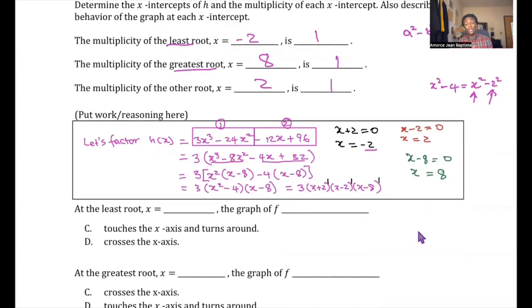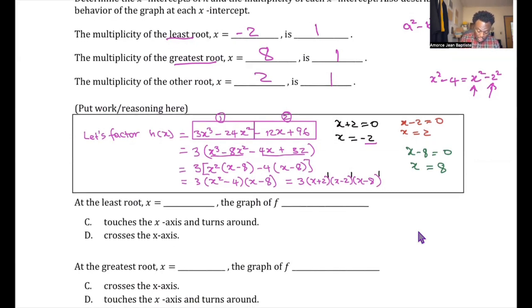Now, since all the multiplicities are the same, we expect the same impact on the graph based on whether we have an even or odd multiplicity. So we have an odd multiplicity of 1. So at all of these locations, -2, 8, and 2 on the x-axis, we expect the graph to cross the x-axis.